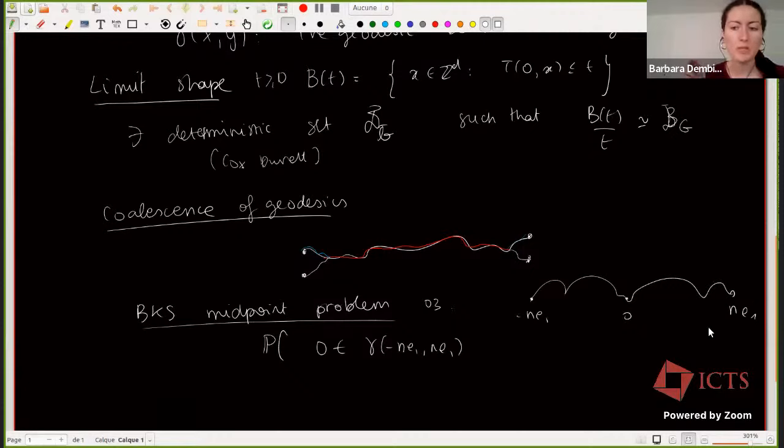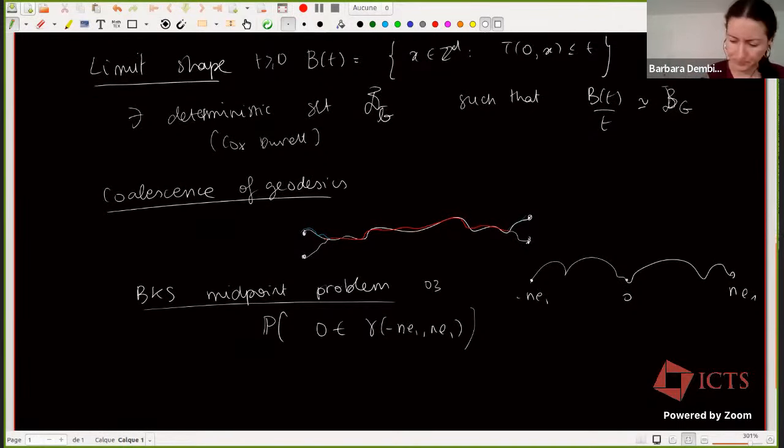This is why it's called the midpoint problem, because it's in the middle of the geodesic. We wonder how likely it is that the geodesic goes exactly through the midpoint. Of course, it's natural to expect that this probability goes to 0, because we expect that the geodesic has a lot of vertical fluctuations.